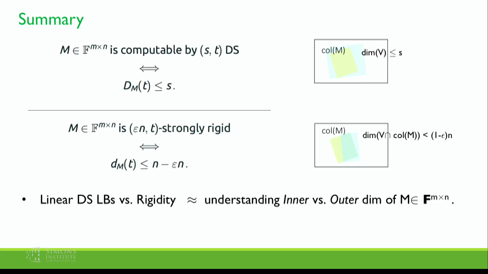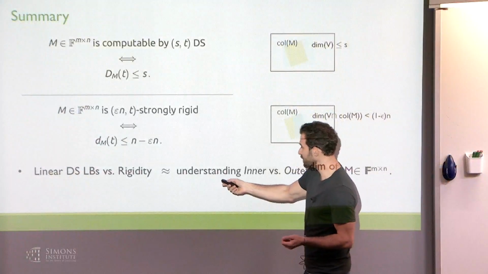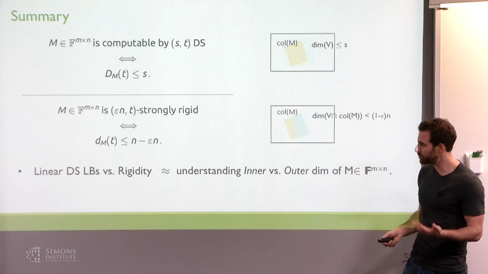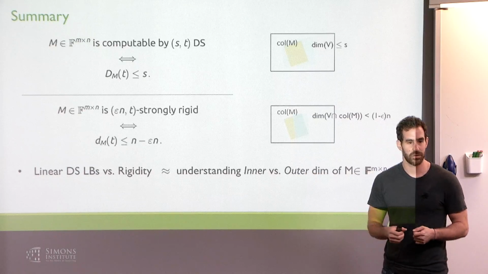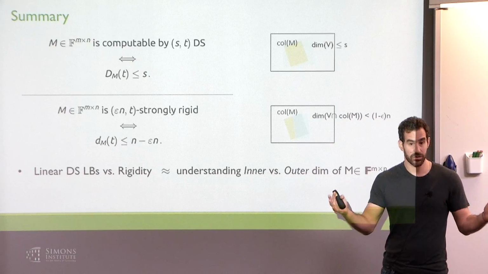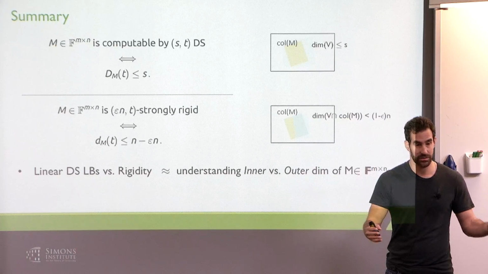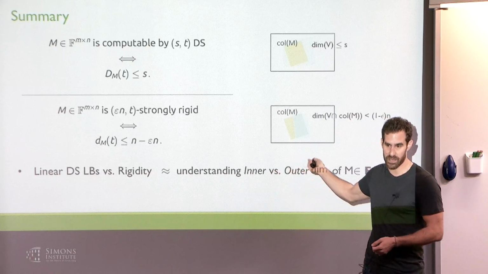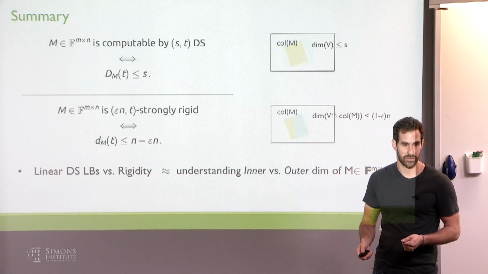In that terminology, what does it mean to show that a linear data structure lower bound implies a rigid matrix? It's essentially equivalent, as Madhu proposed, to understanding the relationship between inner dimension and outer dimension. In particular, if we can show that large outer dimension, which is a data structure lower bound, implies small inner dimension, then we get the implication that we want, right?